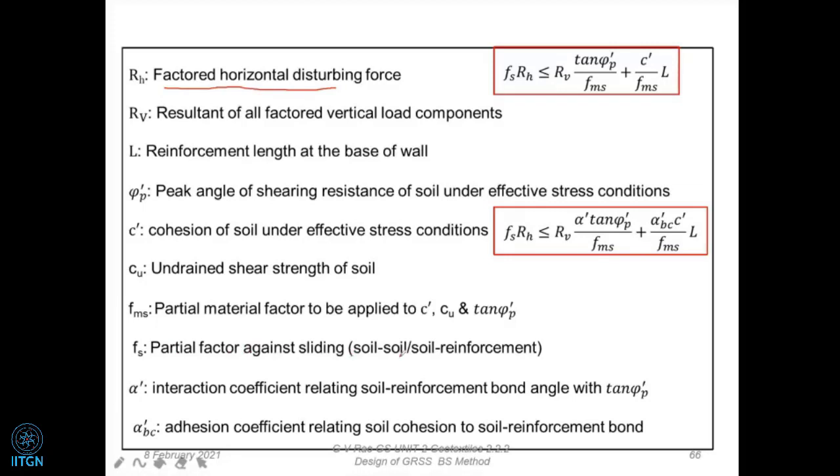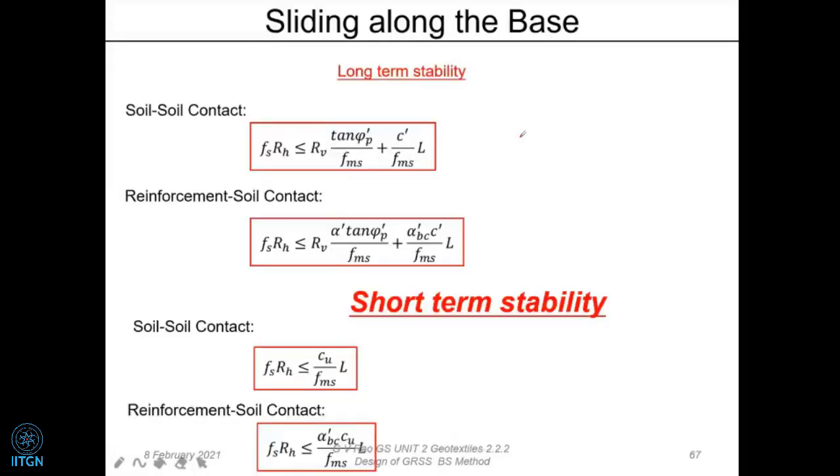So this is how we define it for both the peak angle and the residual angle. The second case is short-term stability. Short-term stability means that instead of C prime earlier, we are going to use Cu now. You can get hold of these equations and study them clearly later. Long-term stability means we are using the effective angle of friction and the effective cohesion intercept, and the relevant factors for that.